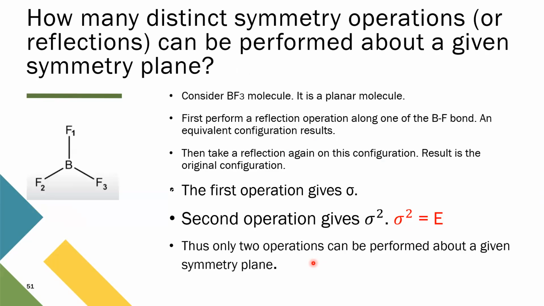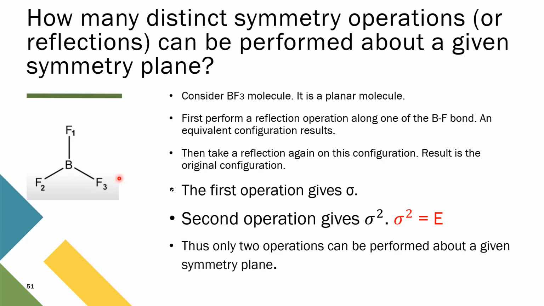So how many reflection operations can be performed about a given symmetry plane? Consider this BF3 molecule. You know it's a planar molecule. You first perform a reflection operation along one of the BF bonds. You take that BF1 bond and keep a mirror. You get the reflection: F2 will come here and F3 will go there in the first reflection. Then you take that reflected molecule and reflect again. When you reflect again, you get the original molecule.